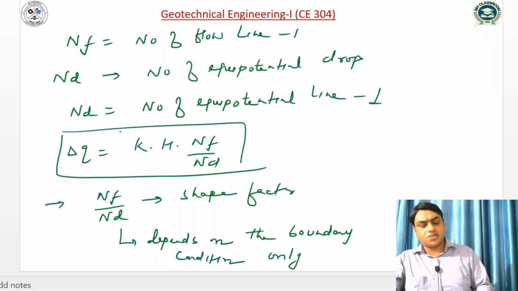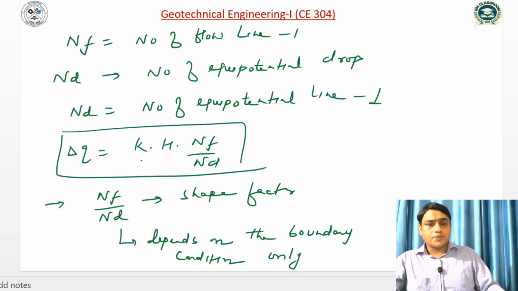So the seepage discharge depends on the coefficient of permeability, change in head, and shape factor. How to compute this NF and ND? Our main focus is how to read the value of NF and ND.